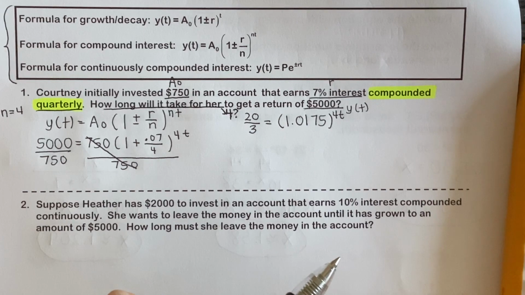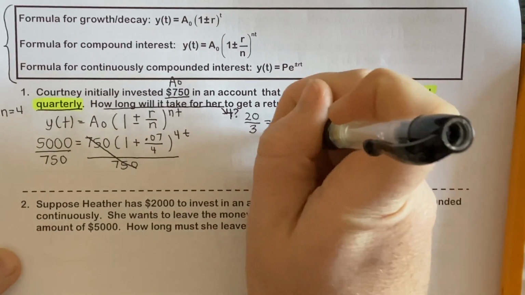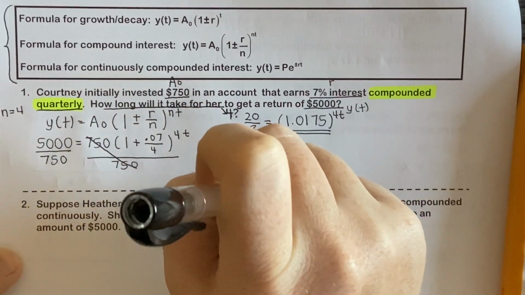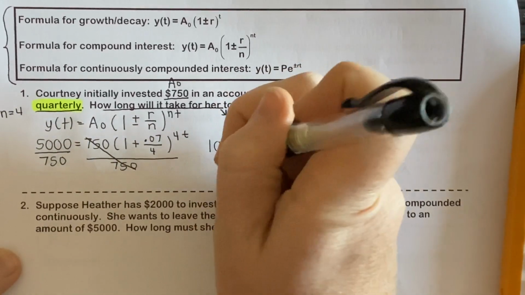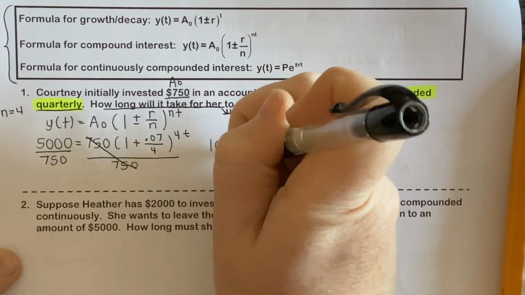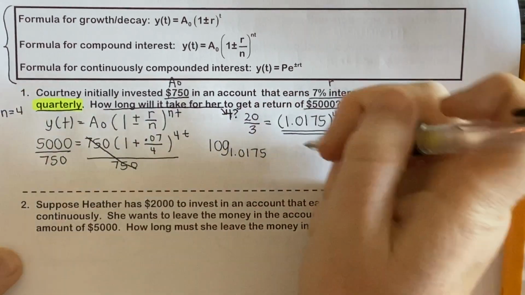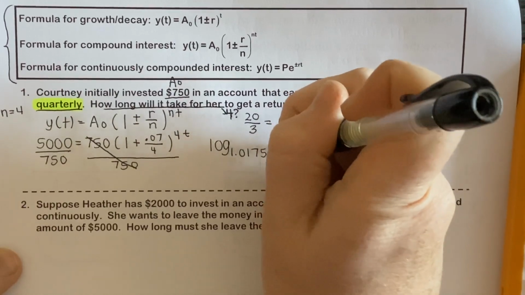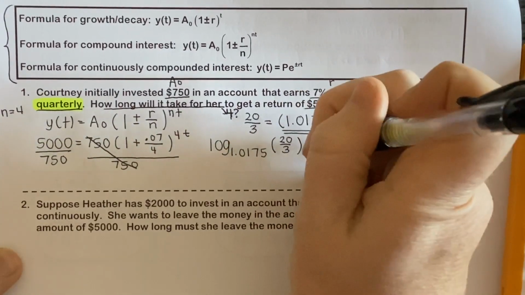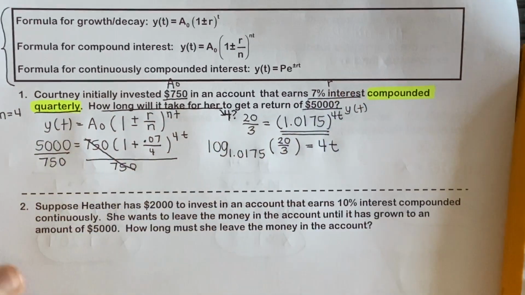At this point, we can rewrite what we have. The base of our exponential is this right here, so it becomes log base 1.0175. Our argument comes right here, and it's going to equal our exponent.